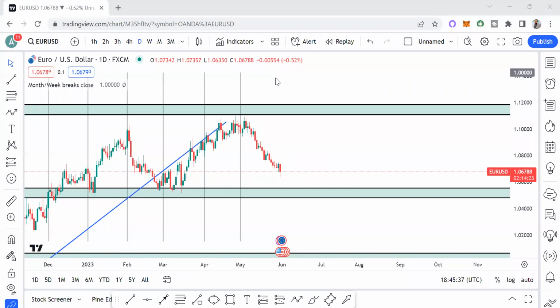Like I explained, if you listened very well at the beginning of the webinar, from zone to zone, if the market is going up, you are supposed to be buying from one zone to another. As soon as a zone is broken, price goes to the next zone.